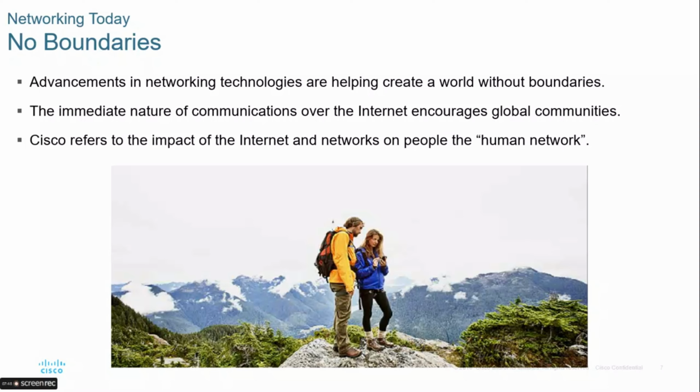It is true. Right now, we as developers or network engineers have partnered through communities. There are platforms where we interact with fellow colleagues in that niche from different parts of the world. Without leaving this behind, Cisco refers to the impact of the internet and networks on people as the human network. It is true, human network, because it helps humans a lot.